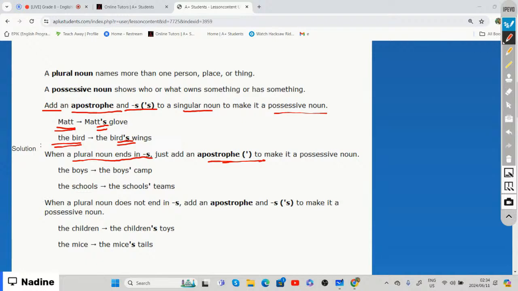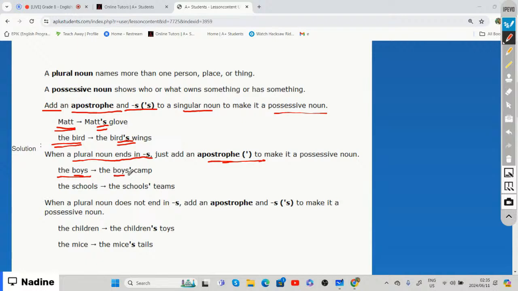And then we said when a plural noun ends in S, we just add an apostrophe at the end of the word, and that is to make it a possessive noun. For example, if we are talking about the boys, the boys is more than one, right? And since the boys are going on a camp, we can then say the boys' camp. The girls are going on a camp too. This is the girls' camp on the one side, and this is the boys' camp on the other side.